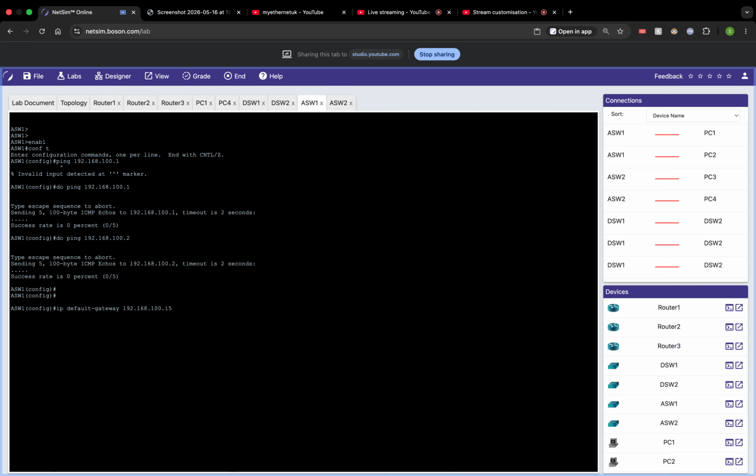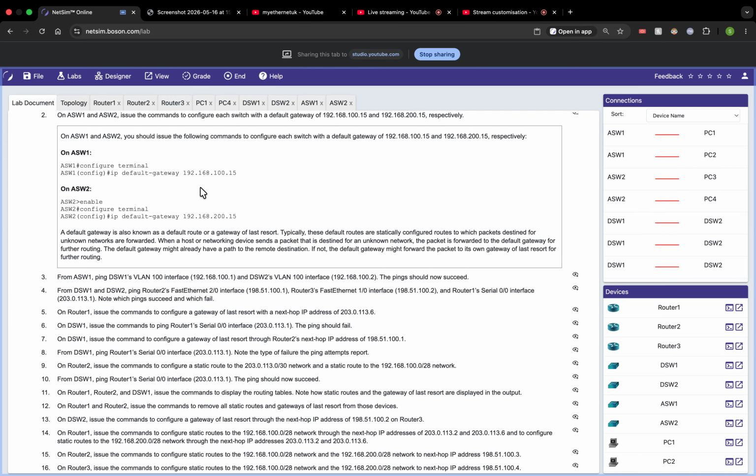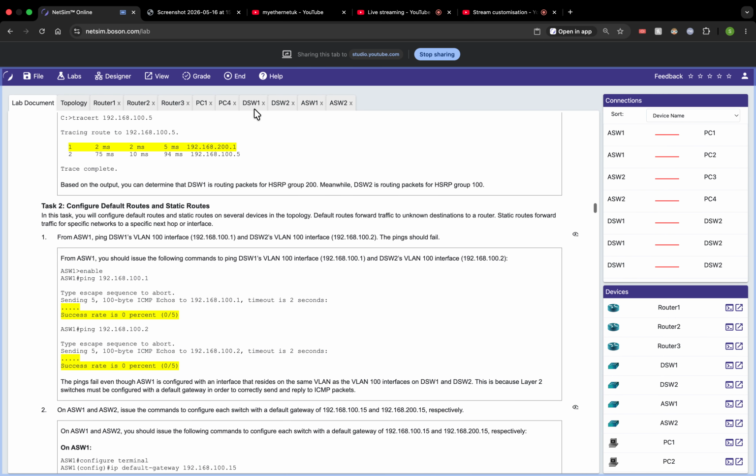A default gateway is also known as a default route or gateway of last resort. Typically, these default routes are statically configured, and packets destined for unknown networks are forwarded to them. When a host sends a packet destined for an unknown network, it is forwarded to the default gateway for further routing. The default gateway might already have a path to the destination. If not, it might forward the packet to its own gateway of last resort.